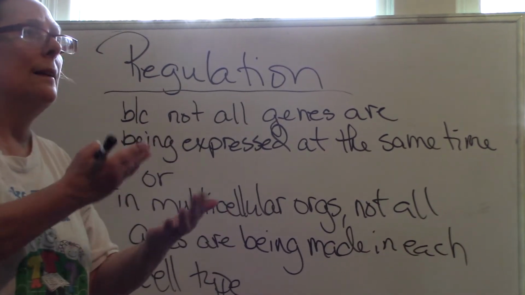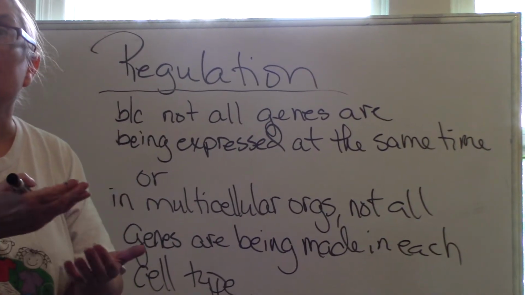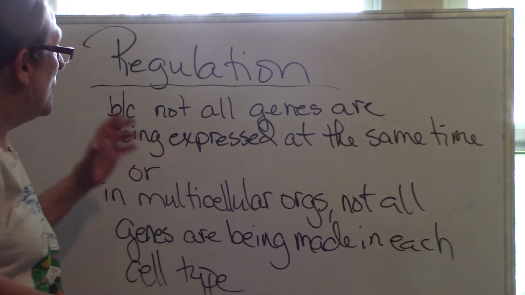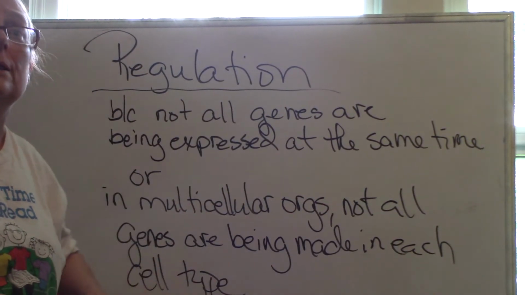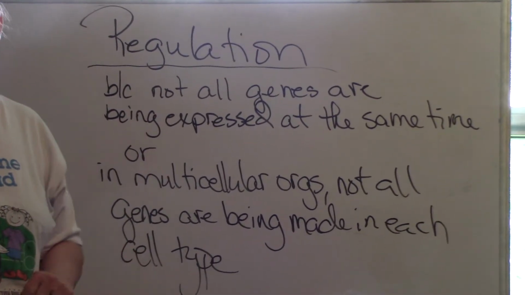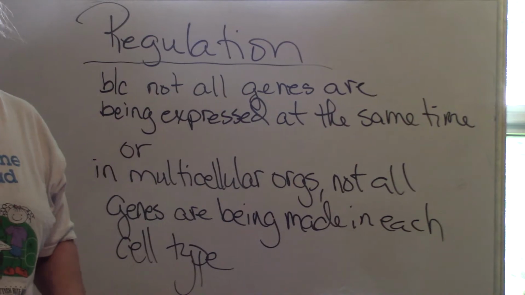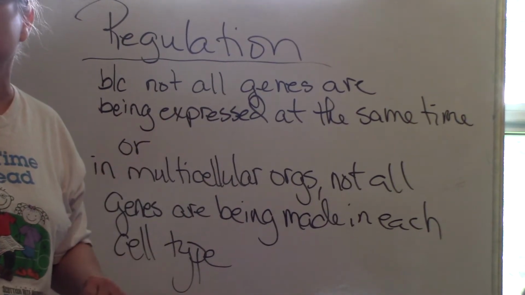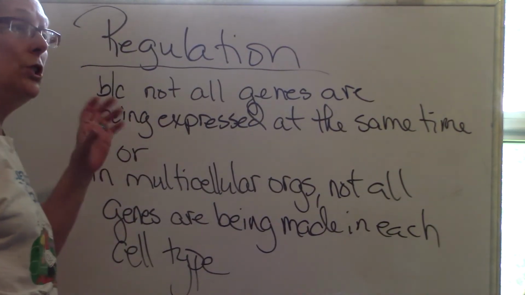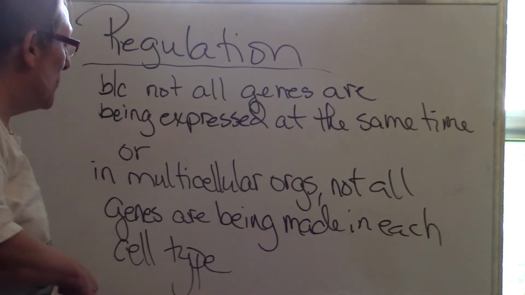So, unless glucose is absent and lactose is present, that gene is not turned on. And that means that the messenger RNAs aren't being made and the proteins aren't being made. And hey, that saves a lot of energy for the cell because all of this takes ATP to happen. All right, so energy saving. And some of you wrote that down.